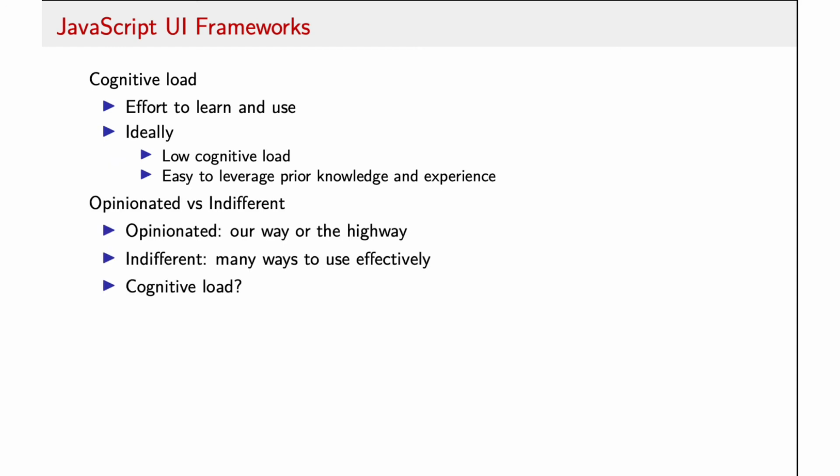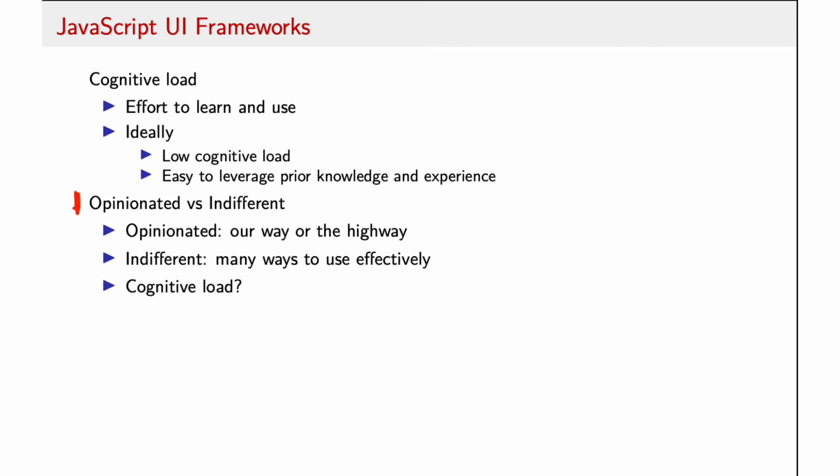The other criterion that is, I think, important when making decisions like this, and again, this isn't just specific to or limited to just user interface technology, but anytime we're choosing a tool, and that's something that we do all the time in computer science, certainly, there's kind of two ends of a spectrum here that we could think of as opinionated versus indifferent.